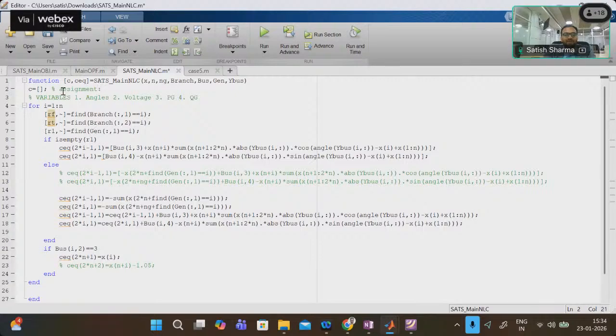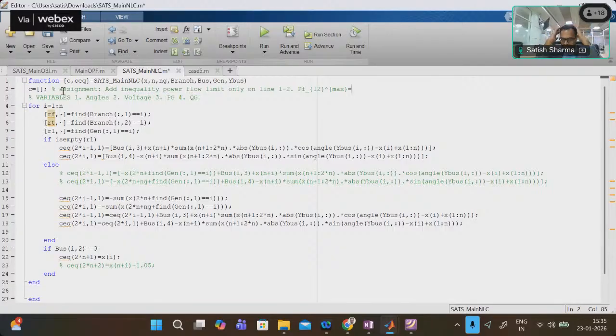This is your assignment: add an inequality power limit only on line 1-2, where PF 1-2 max should be equal to 300 megawatts, as we have already seen the results for 300 megawatts.